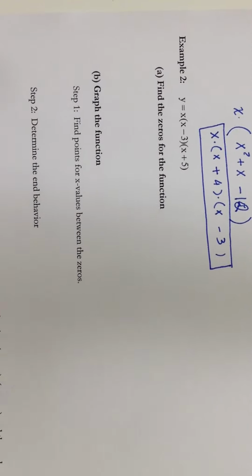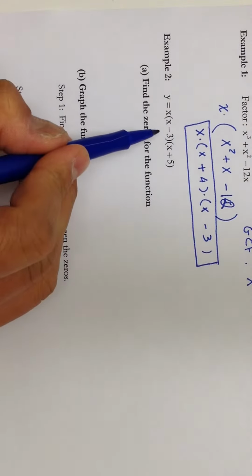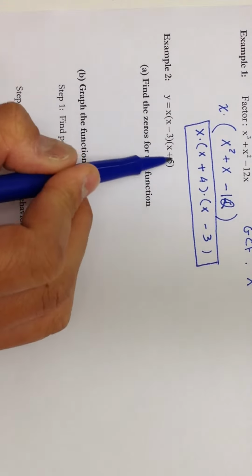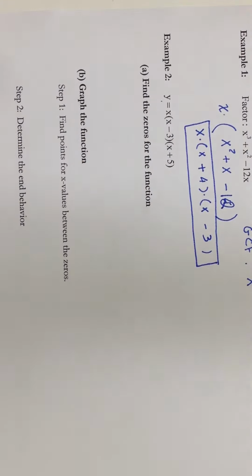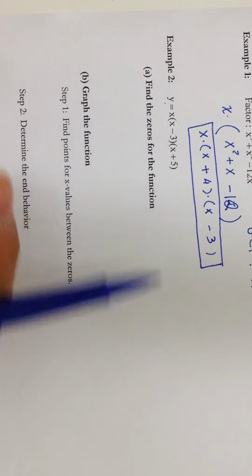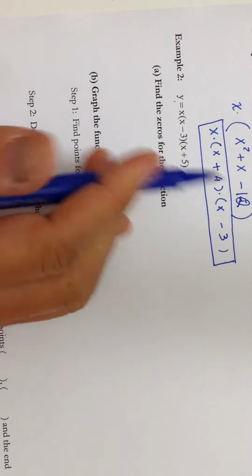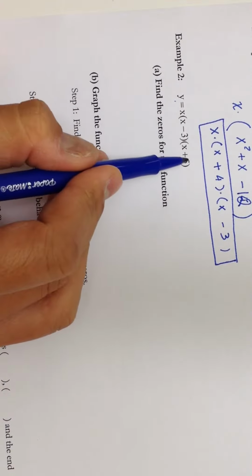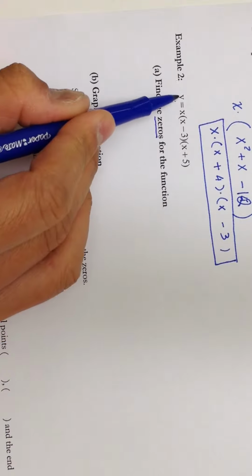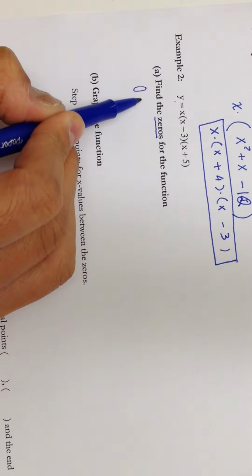I want you to be able to find the zeros for this polynomial. Now this polynomial has been factored for you. Finding the zeros means find the roots, which means find the points where it crosses the x-axis. So to find the zeros, given a polynomial that's already factored, the first thing you do is set y equal to 0.